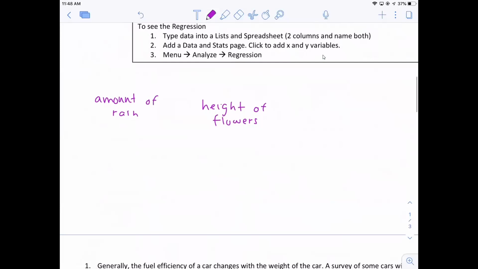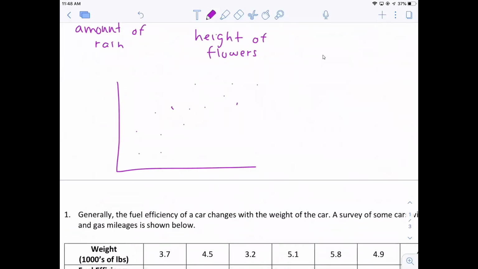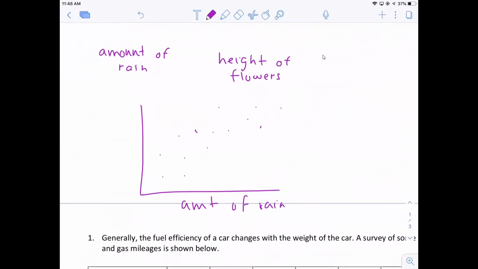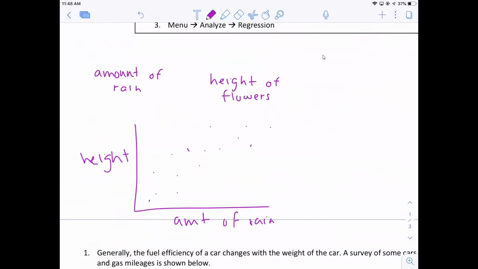So for amount of rain and height of flowers, let's say the graph looked something like this, right? Where amount of rain was down here, and the height of the flowers is over here. So there's definitely a relationship, right? I can see a positive trend. This would be a positive relationship, so the correlation coefficient would be positive, because the more rain you get, the higher the flowers, right?